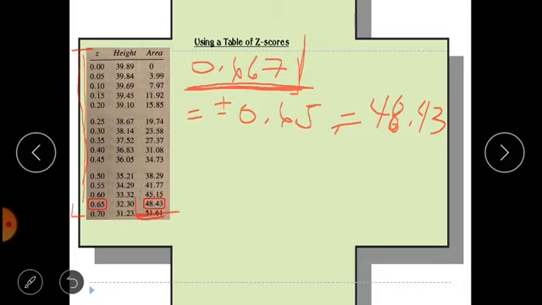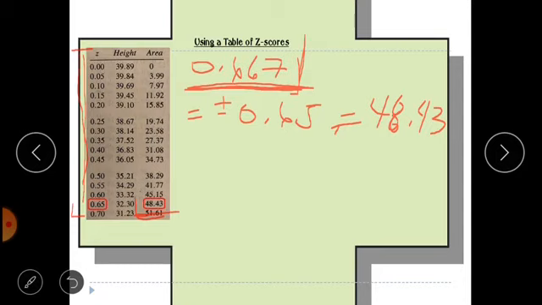So, however, hindi yan yung gusto nating malaman, no? So, gusto natin kunin yung area na less than yung z-score na 0.65. So, kapag yung area for the interval na negative and positive 0.65 is 48.43%, no?